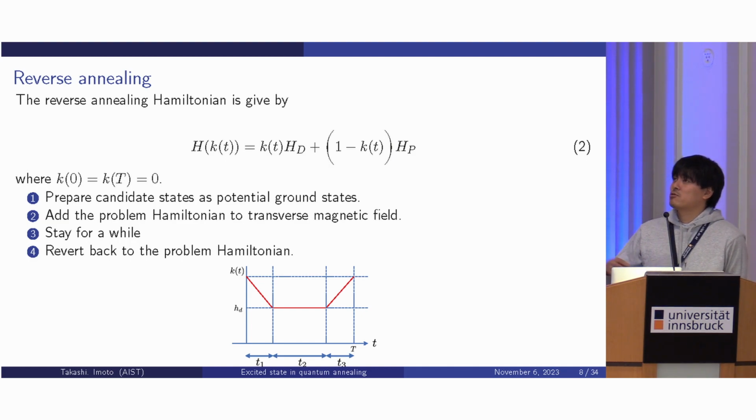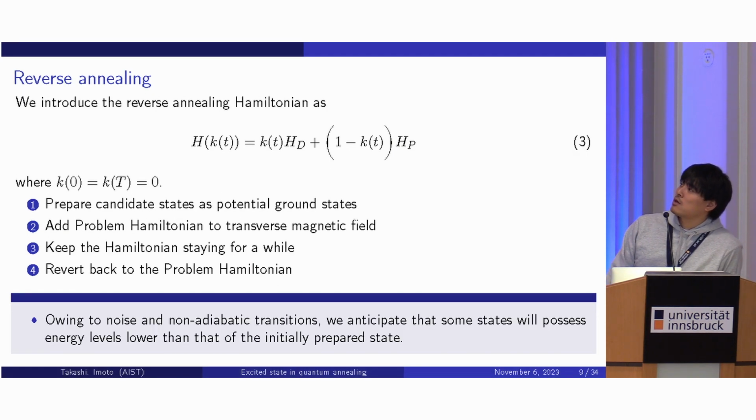This is the scheduling function of reverse annealing. We should note that owing to noise and adiabatic transitions, we anticipate that some states will possess energy levels lower than that of the initially prepared state.